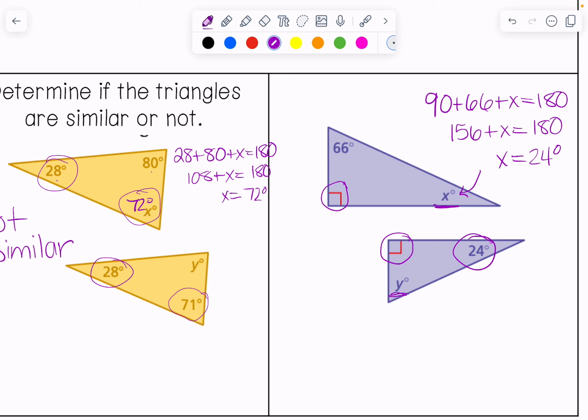I could go ahead and solve for y right now, but because the two angles match up, that third angle by default has to be congruent as well. So these two triangles have all congruent angles, and even though they're different sizes, because their angles are congruent, we can call them similar triangles.